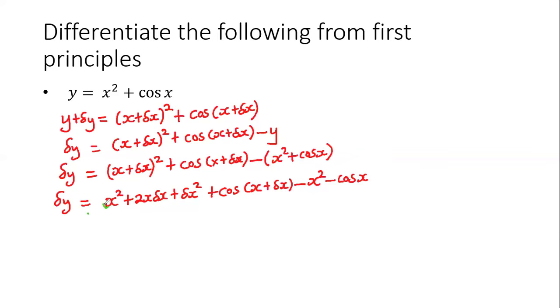You notice x squared minus x squared cancels. Now, there is nothing else that cancels, so the rest are going to remain. So you have small change in y equals 2x small change in x, plus change in x squared, plus cos of x plus small change in x minus cos of x.